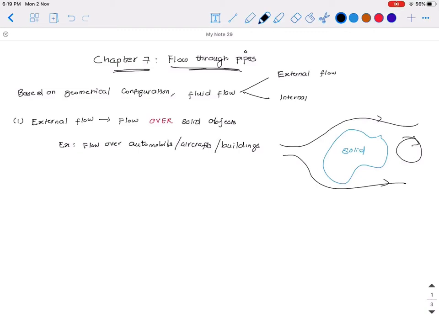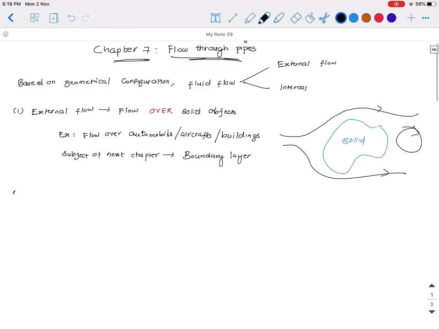The domain is infinite. The external flows are the subject of the next chapter, where we develop the idea of what we call the boundary layer.